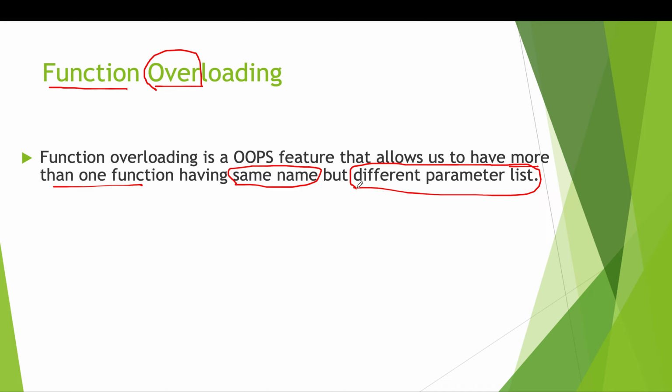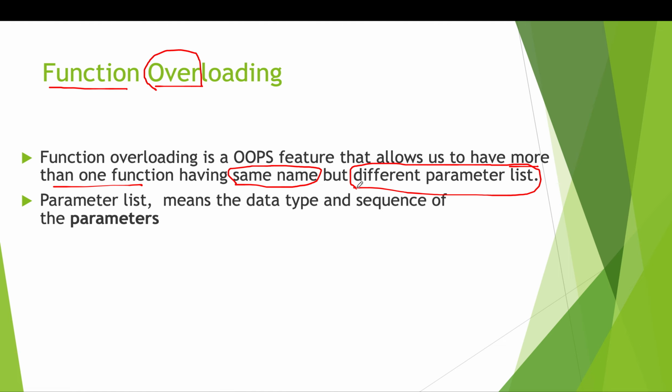So there are multiple functions with the same name, but what input you give to that function will decide which of the functions having the same name is going to get selected for execution. That is function overloading.